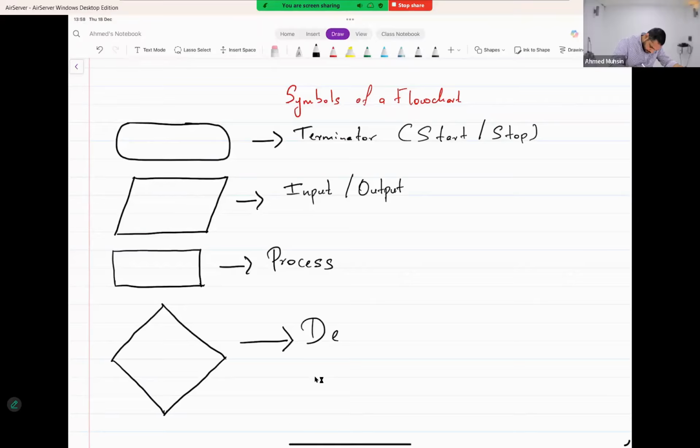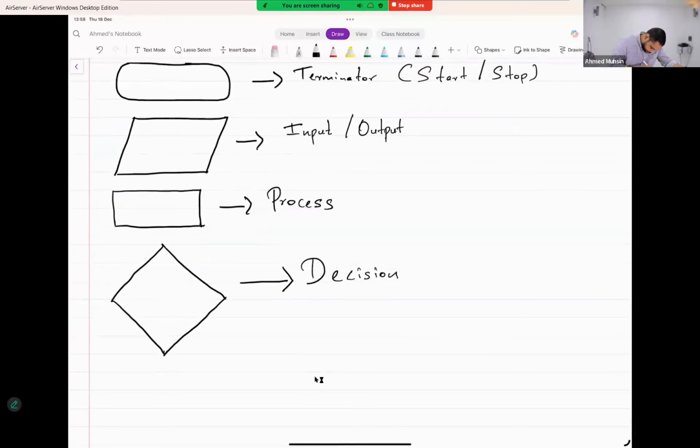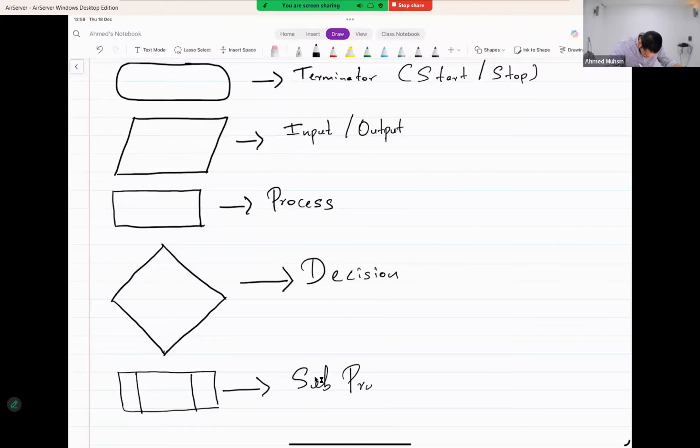If, else. So, for example, verify password. It's a sub-process. How it works is defined somewhere else.